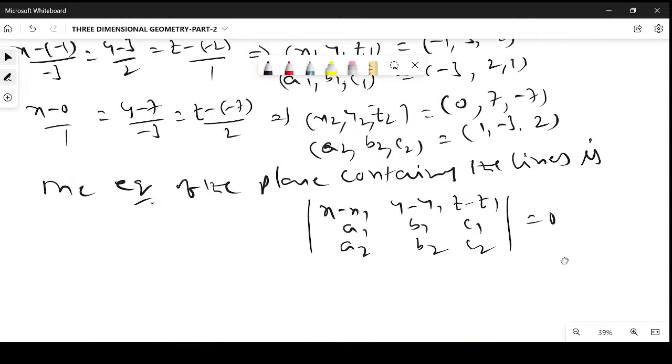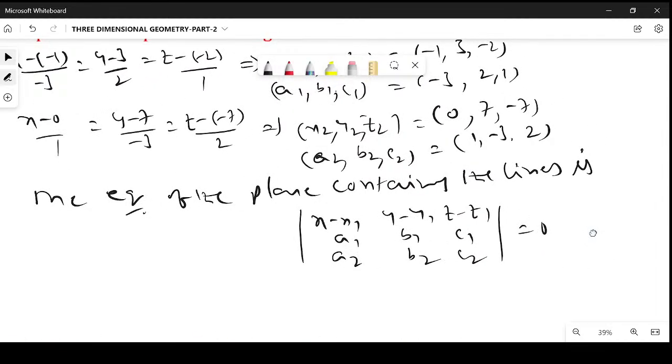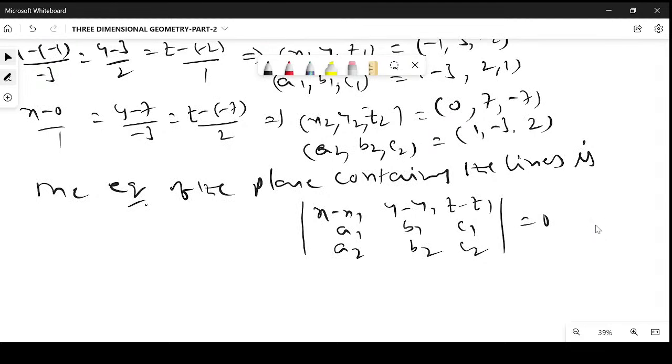The point x1, y1, z1 is minus 1, 3, minus 2, so if we substitute, we get x plus 1, y minus 3, z plus 2. We know a1, b1, c1 is minus 3, 2, 1, and a2, b2, c2 is 1, minus 3, 2, equal to 0.